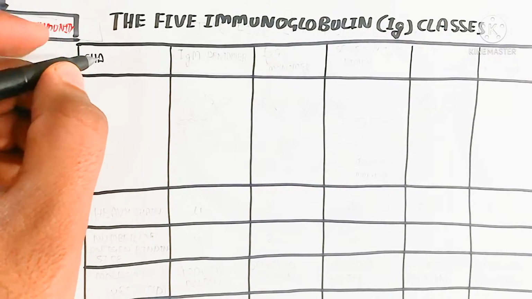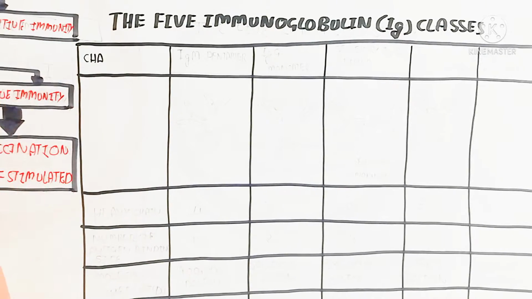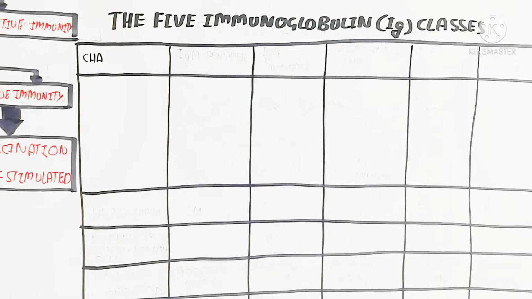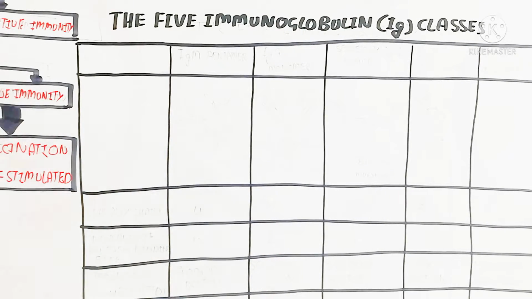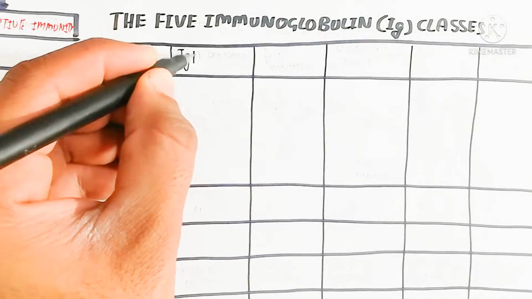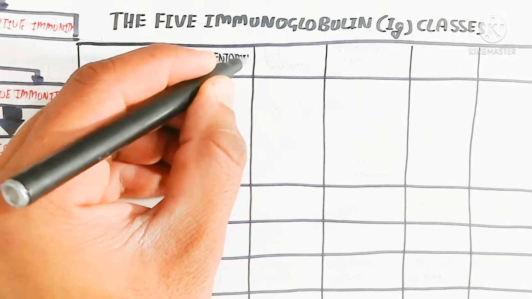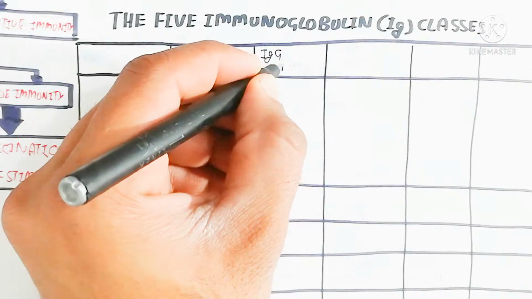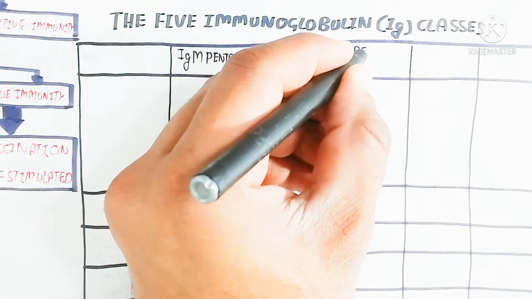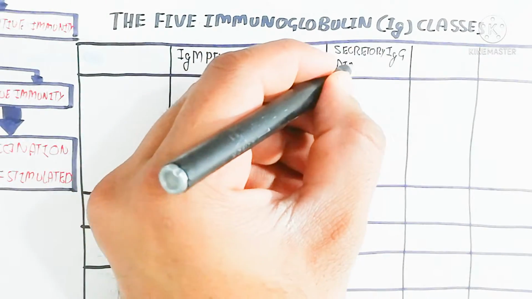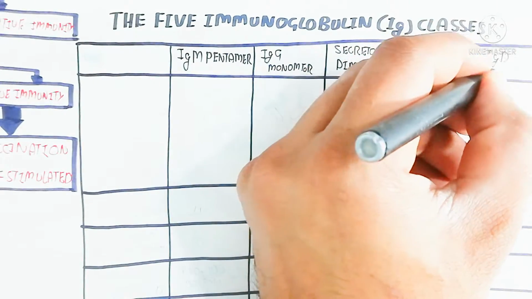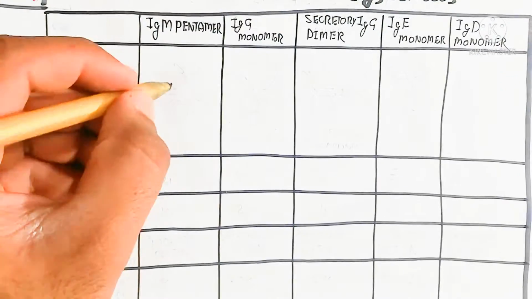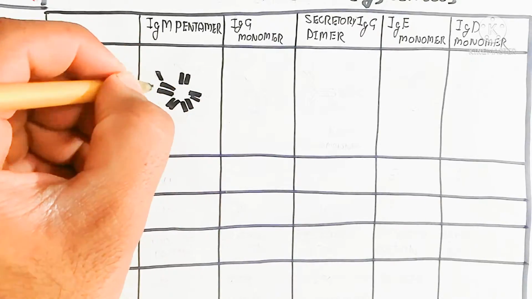So the 5 immunoglobulin Ig classes we will discuss here. The 5 types are IgM, a pentamer, IgG, a monomer, secretory IgA, a dimer, IgE, a monomer, and IgD, a monomer.